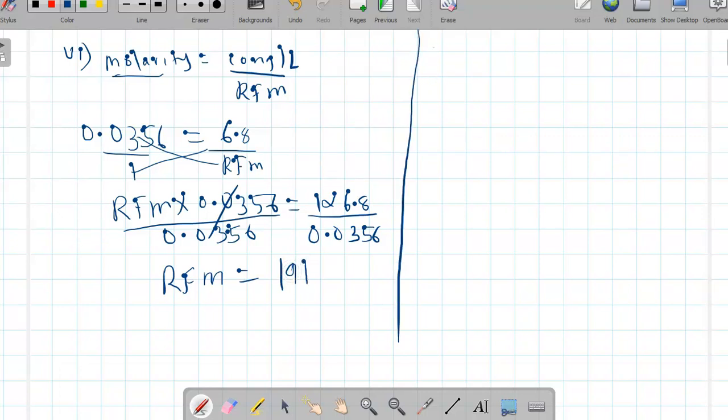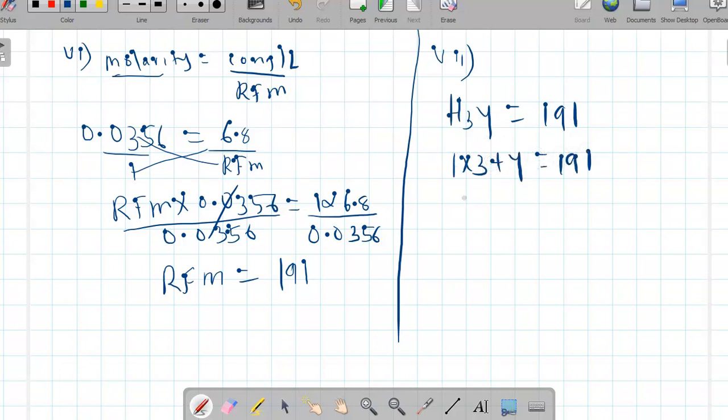Then to get Roman 7, which is the value of Y, we have H3Y is equal to 191. To get the value of Y, hydrogen is 1. 1 times 3, we have 3 hydrogen, plus Y is equal to 191. Therefore, 3 plus Y is equal to 191.